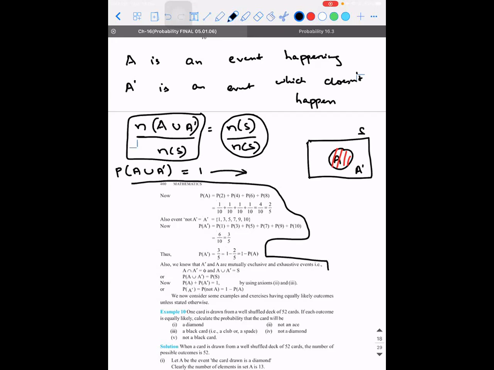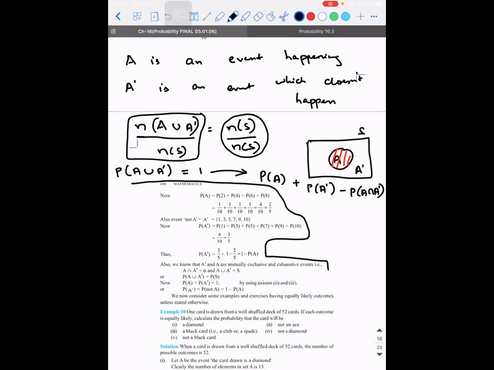Now comes an important question. If you see the left-hand side, that is probability of A union A dash, A is one event, A dash is another event, right? So what was the previous topic? Probability of one event union other event was what? It is probability of A plus probability of A dash minus probability of A intersection A dash.